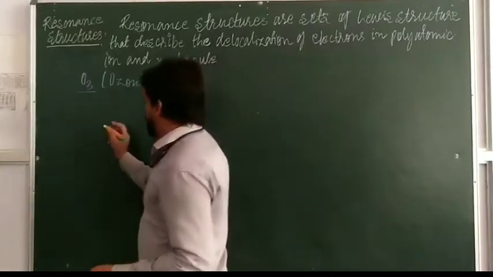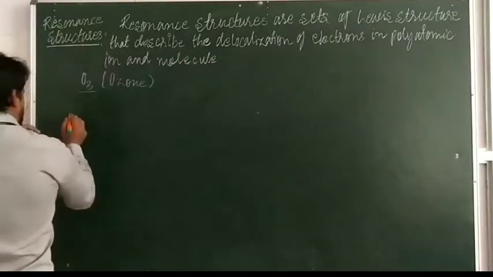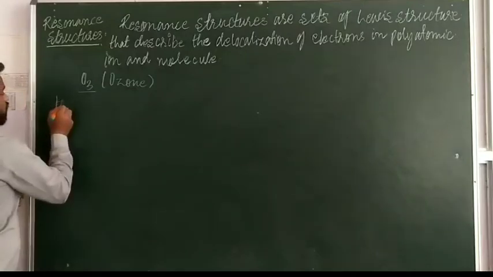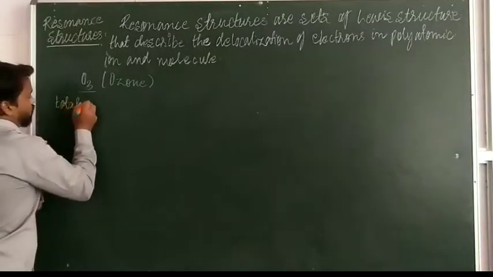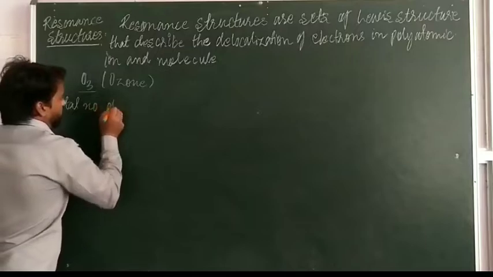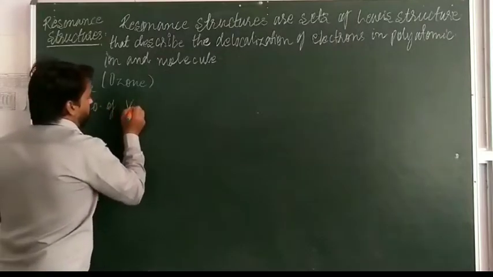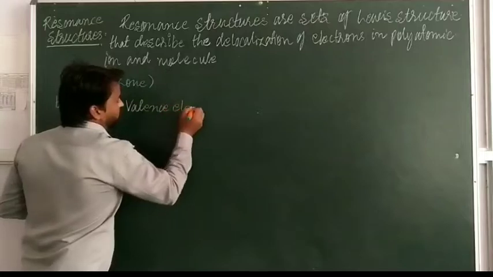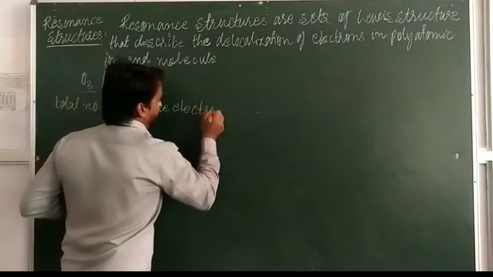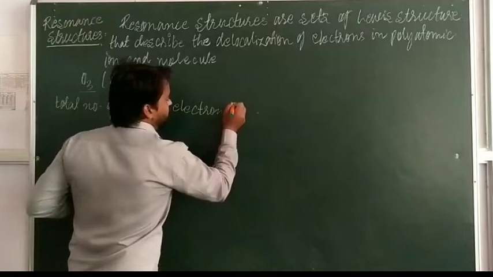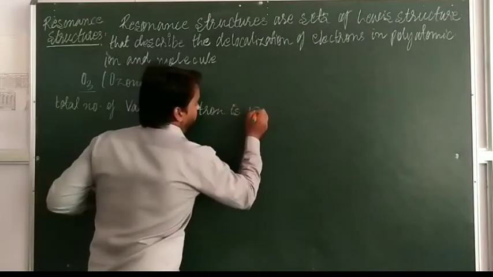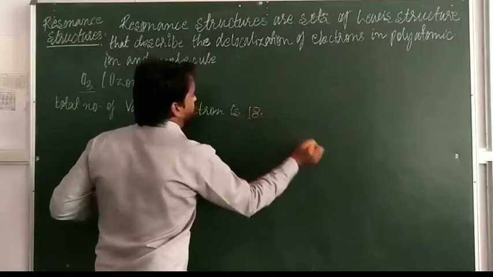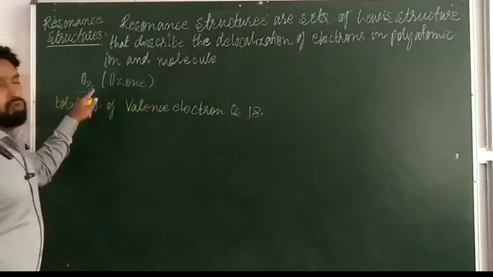18 is the total number of valence electrons for the ozone molecule.